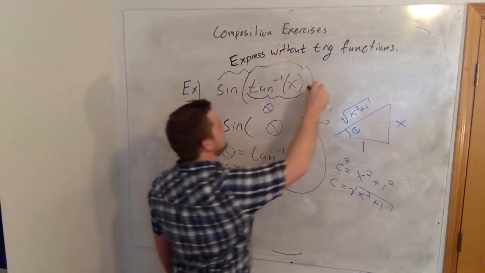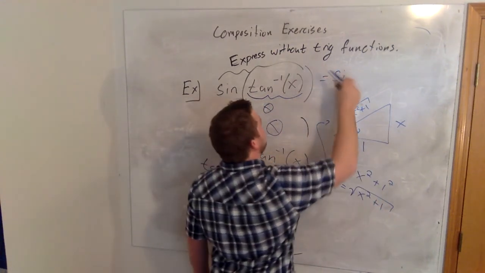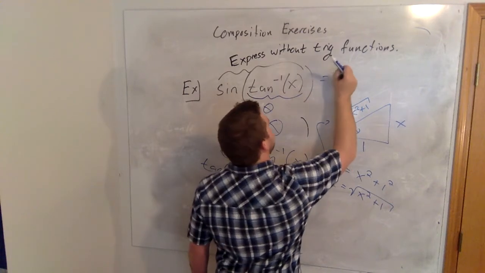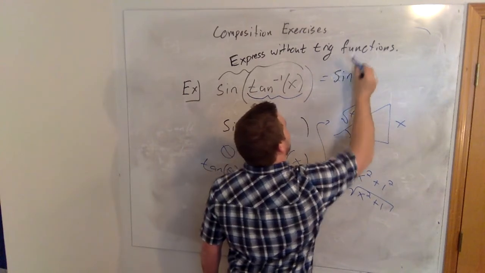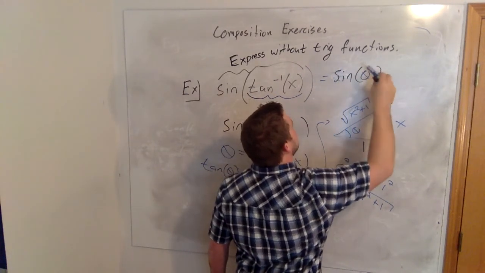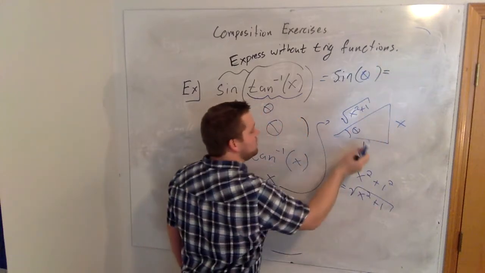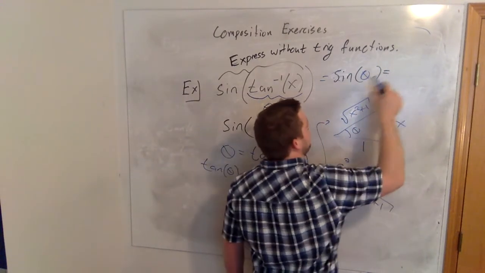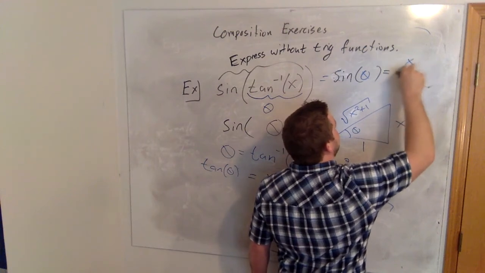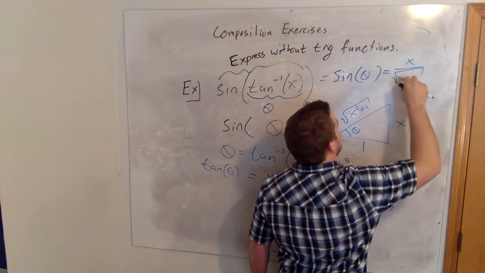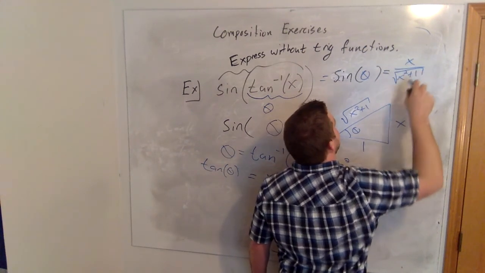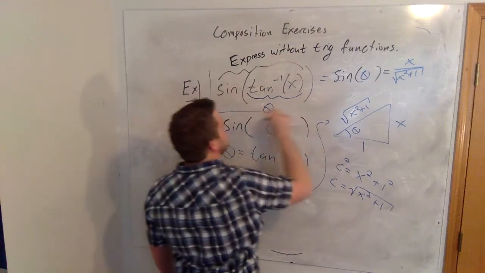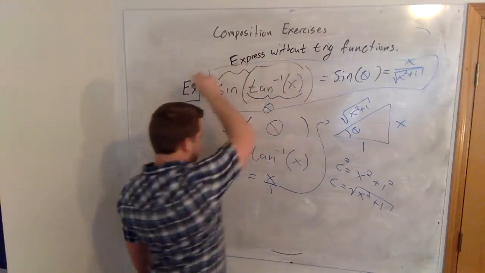So what is the answer? We want to know what sine of this angle is. It's opposite over hypotenuse: x all over the square root of x squared plus 1. Isn't that kind of cool?